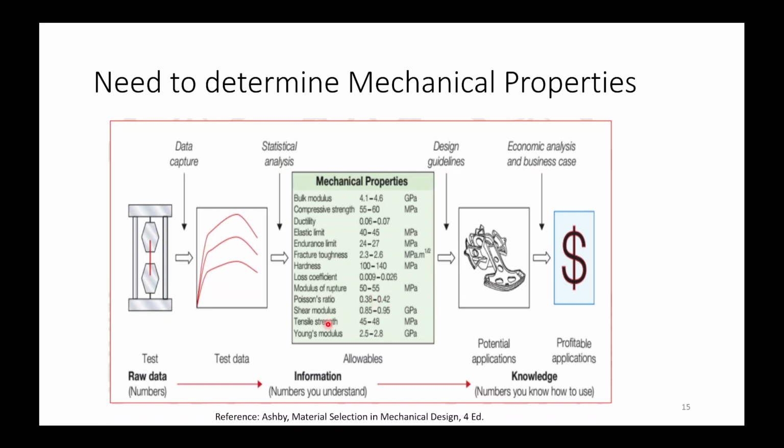So these are the properties that we try to get. Then depending on these properties, we decide what will be the design of the material and what potential applications there can be. Based on that, we design the product and we do economic analysis and business case.